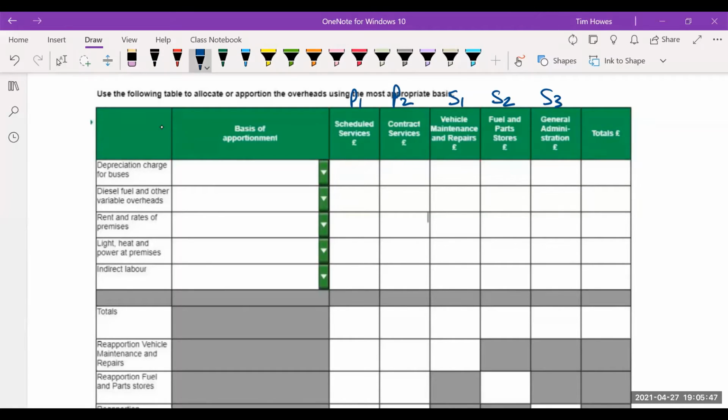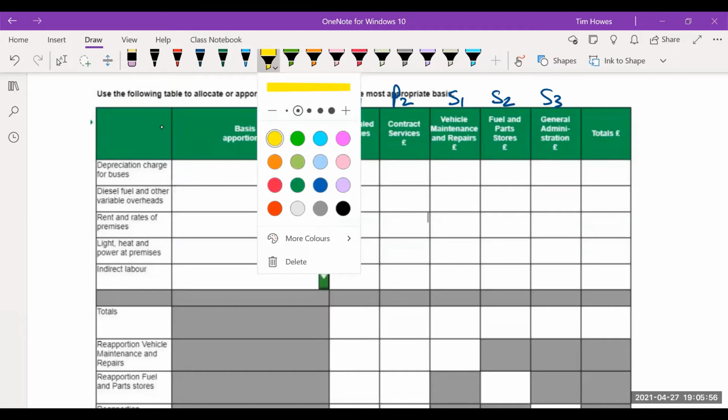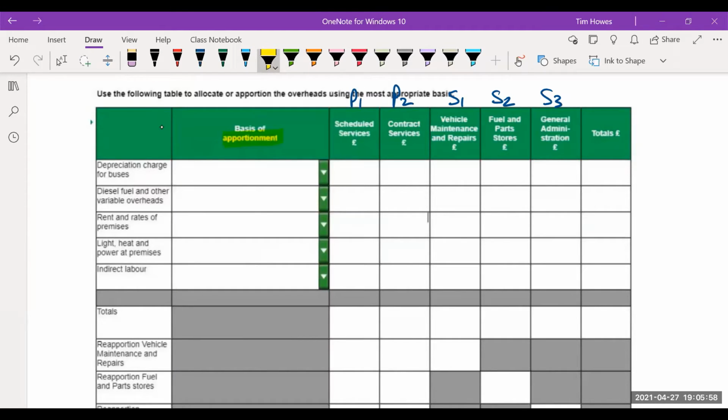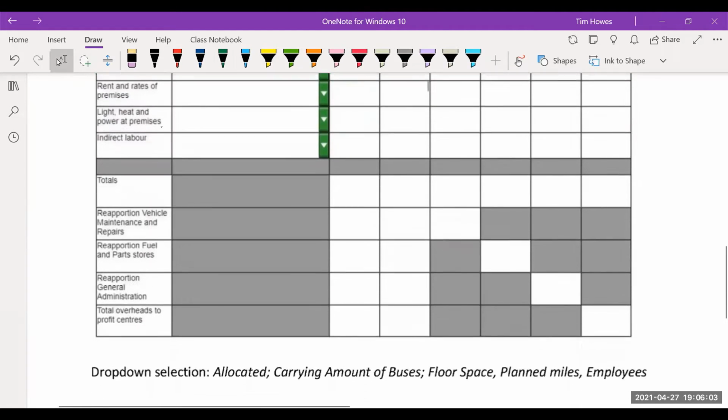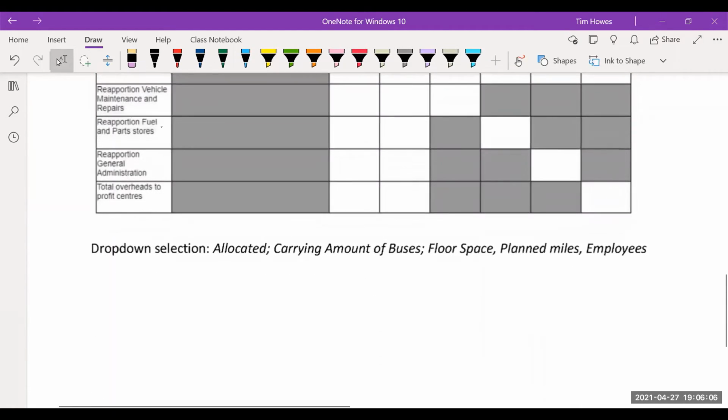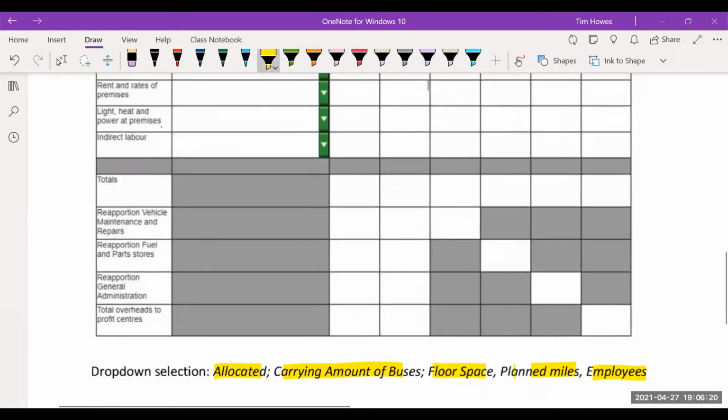Now, I've not given you an offer here, but the drop-down selections will give you a choice of things. And do you know what? This really annoys me so much that I complain to the AAT about it, because on the basis of apportionment, and there you go, I have written them down at the bottom this time, this is what it gave you as your choice. Allocated, or carrying amount of buses, or floor space, or mileage, or the employee numbers, i.e.